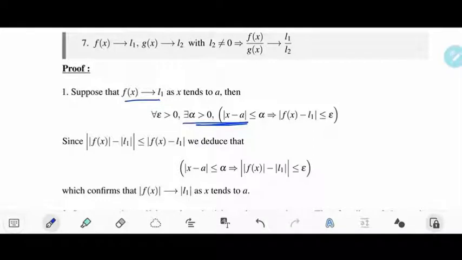So we know that ||f of x| minus |L1|| is less than or equal to |f of x minus L1|, using inequalities given by the properties of the absolute value.